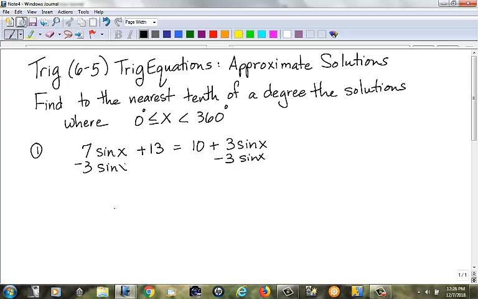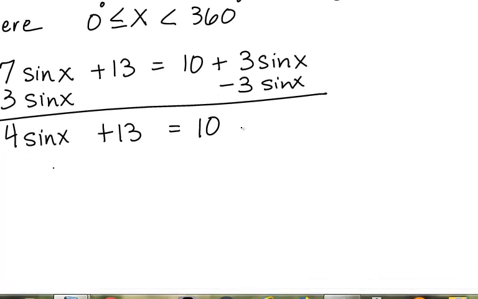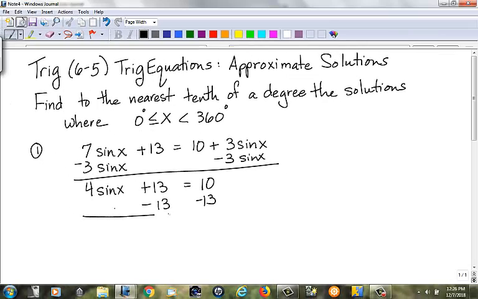So combine like terms. So you get 4 sine x plus 13 equals 10. And you're trying to get the sine x by itself. So do the inverse, subtract 13. So you get 4 sine x equals a negative 3.